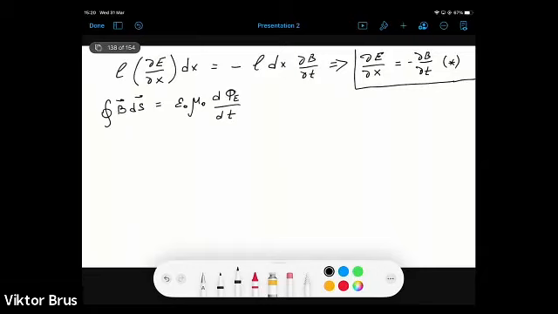So we need to calculate both sides of this fourth Maxwell equation.